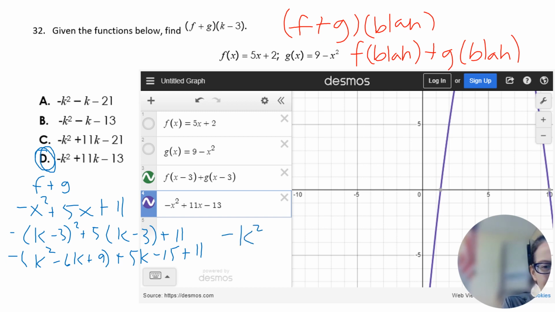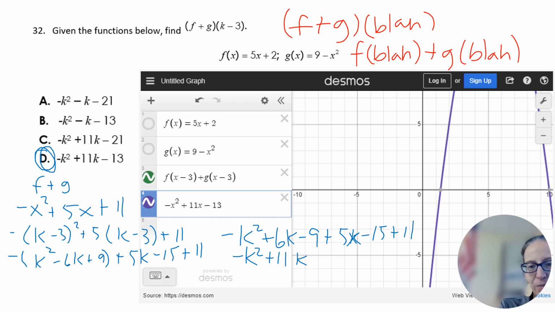You're like, I'm not doing that, Miss Taylor. Negative k squared plus 6k minus 9 plus 5k minus 15 plus 11. 6k plus 5k is 11k. And negative 4 minus 9 is negative 13.